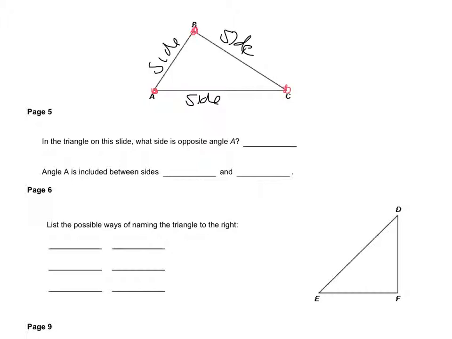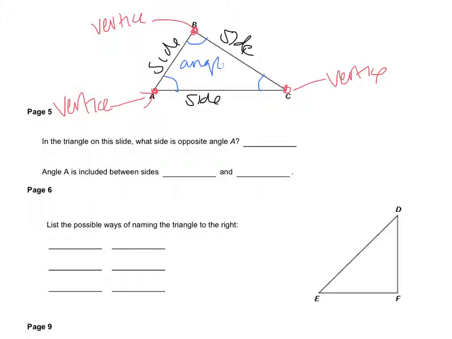So these are my vertices. And the last thing is my angles. And my angles are on the inside, and they're formed by the connection of 2 sides. So I'm going to label just angles here, then I'm going to draw lines going to each of those. So those are the 3 parts of a triangle.